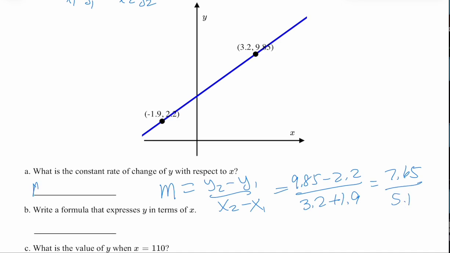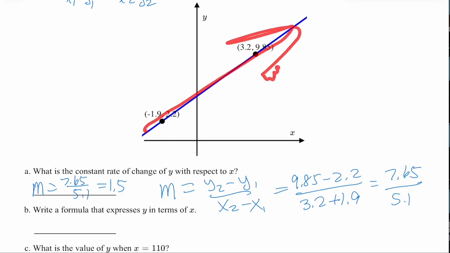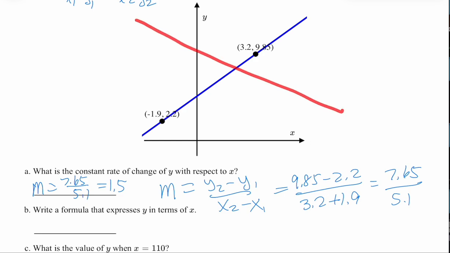So my slope is 7.65 divided by 5.1, which is 1.5. Okay, and then one helpful hint is our linear equation has a positive slope because it's going uphill, so you should get a positive number. You only get a negative number if your line is going downhill from left to right.